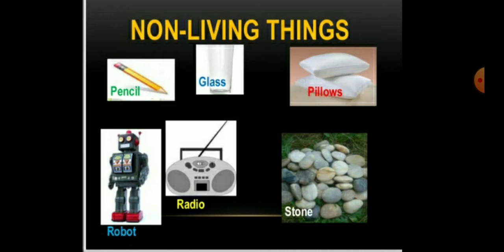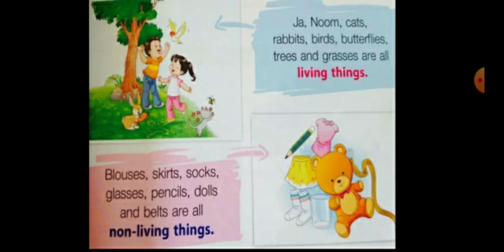On the other hand, a plant shows all these features. It can move by itself, it can feed itself, it can grow and produce more of its type, or we can say it reproduces.